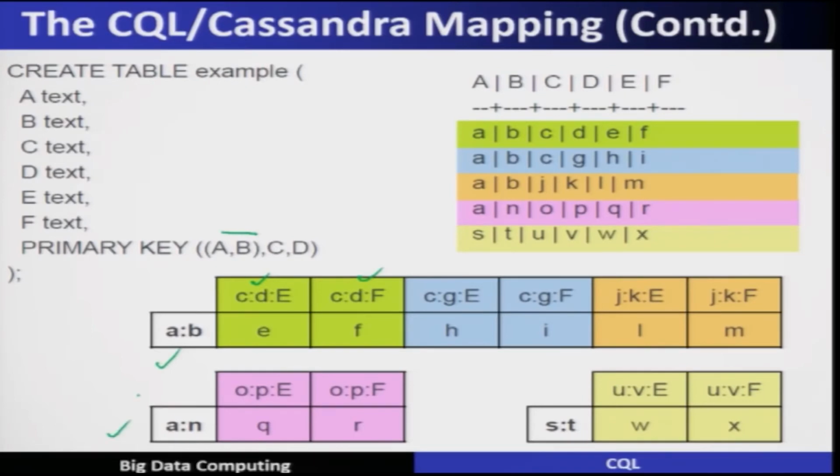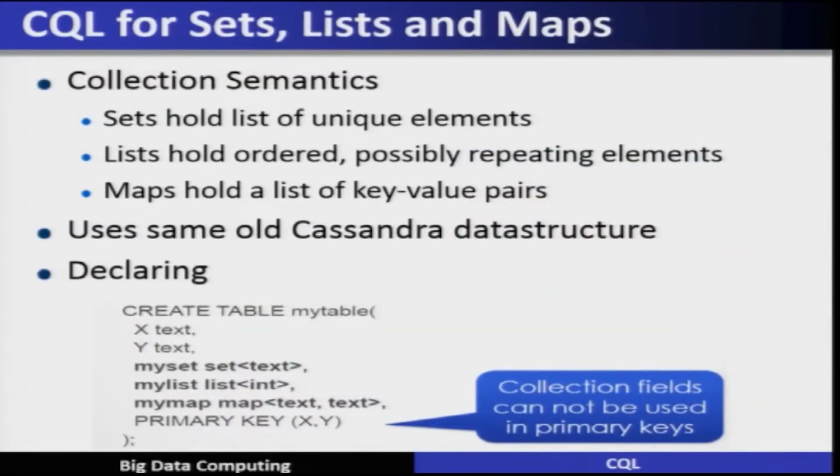Similarly for A to N. Now, let us consider S to T. AB will become the primary key, and the CD, UV values are noted down: for the E value it will be W, and for the F value it will be X, and U and V values will come as the column attributes. This way the entire row key will be mapped.